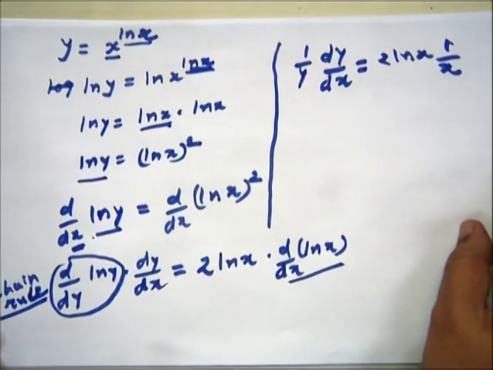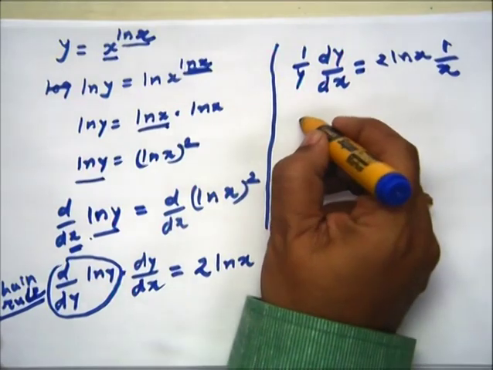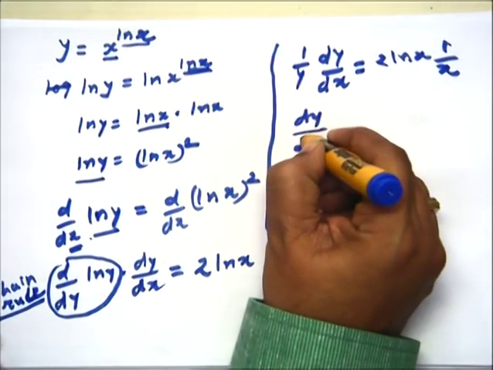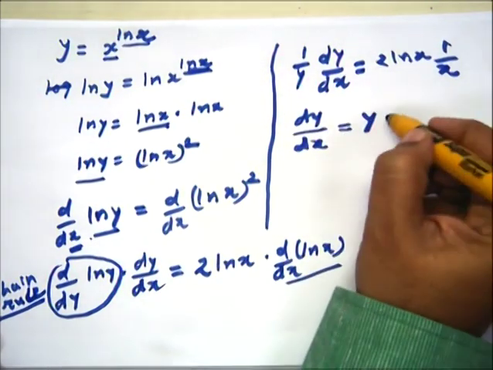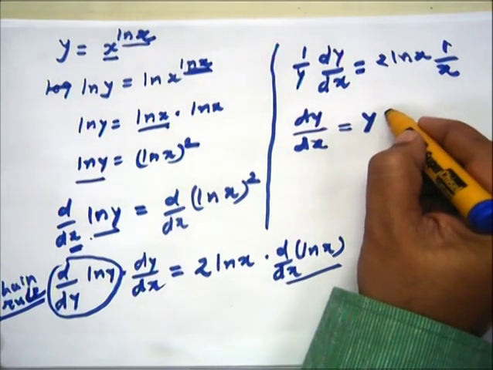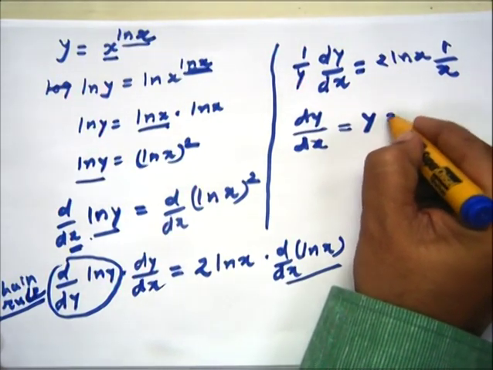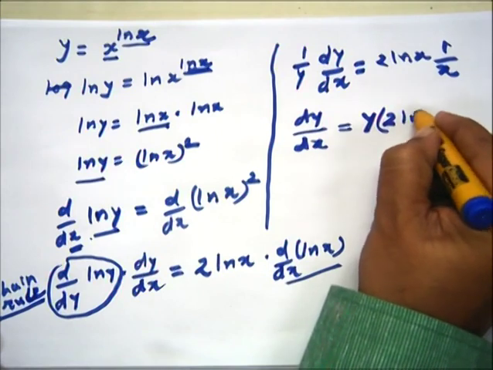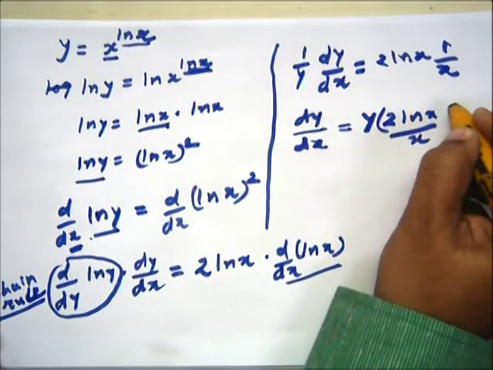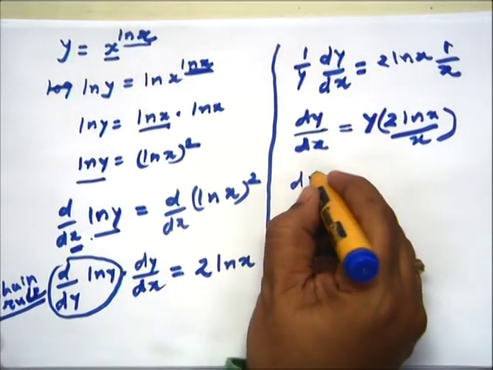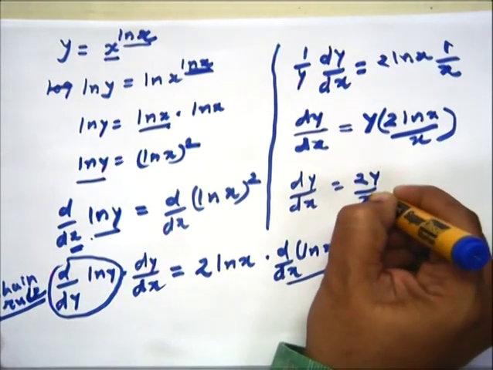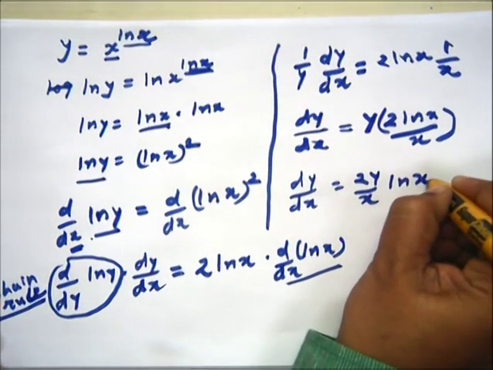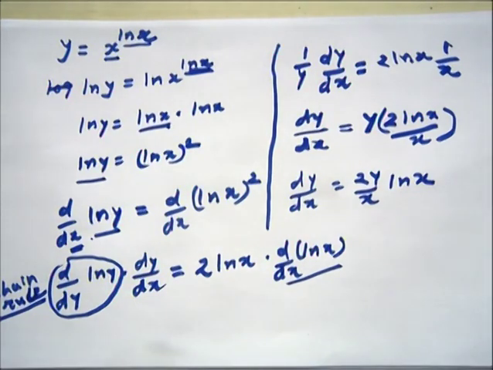So the derivative of y with respect to x is equal to, y we take on the opposite side, so it is y into 2 log x upon x. So dy by dx is equal to 2y upon x into log x. So it is the derivative of x raised to log x.